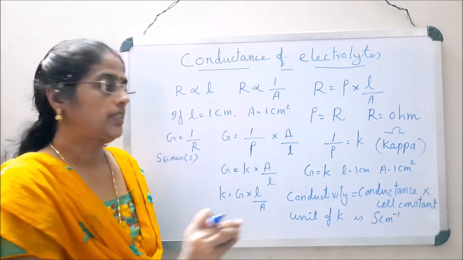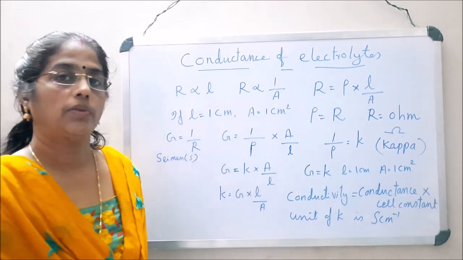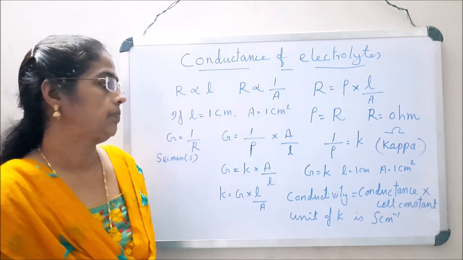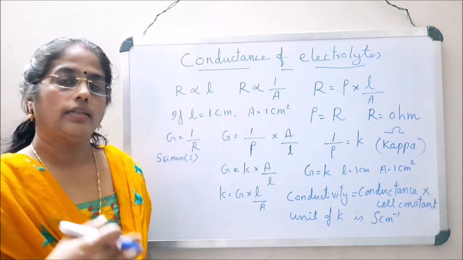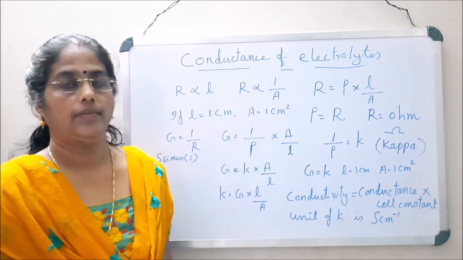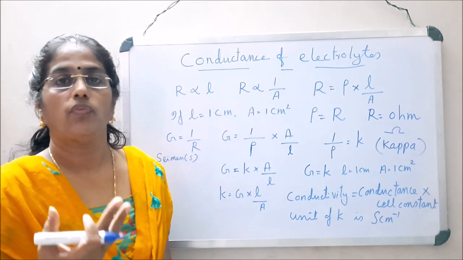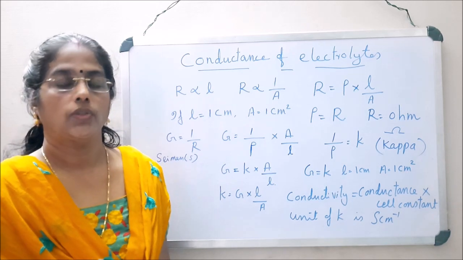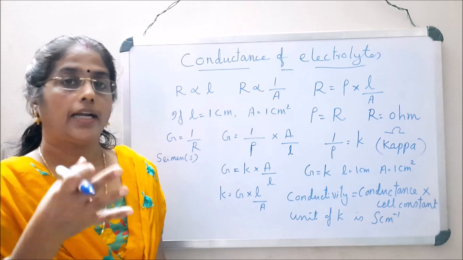If the length is 1 centimeter and A is equal to 1 centimeter square, then its volume will be equal to 1 centimeter cube. So we can define this conductivity as the conductance offered by 1 centimeter cube volume of solution. So that is the conductivity.